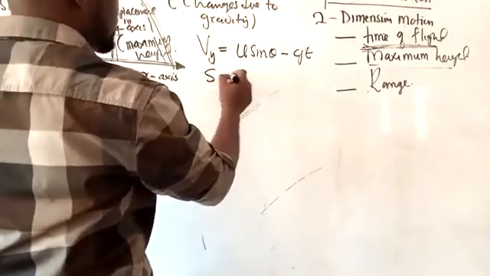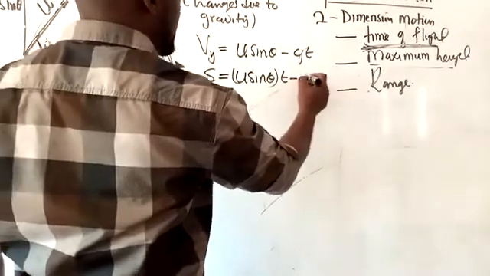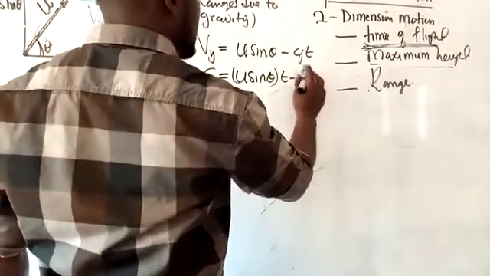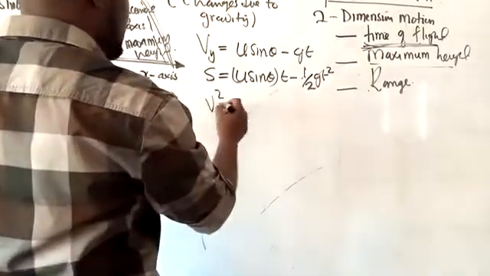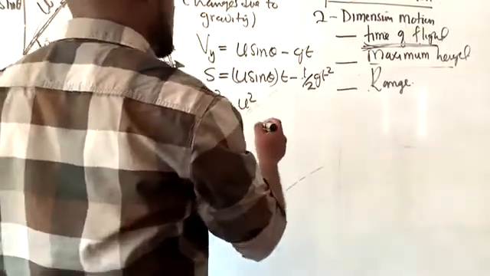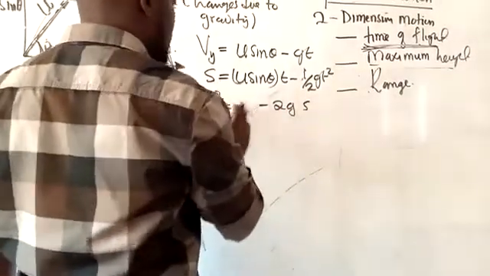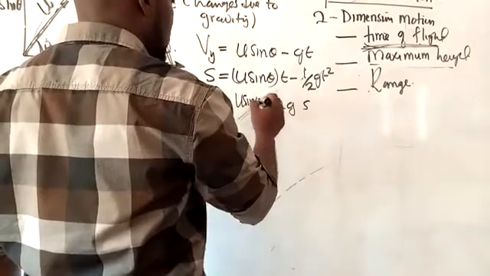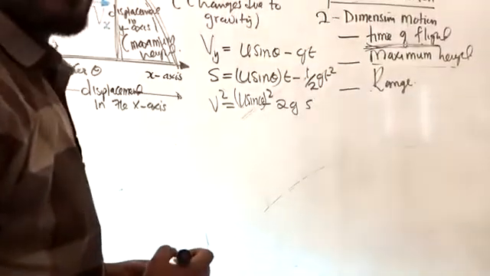Then we have S equals u sine theta t minus half gt squared. Then you have V squared equals u squared minus 2gS, but this, remember, has to be u sine theta, squared.